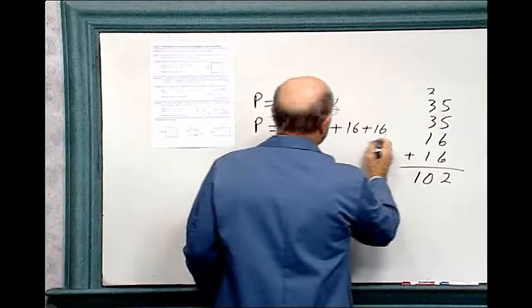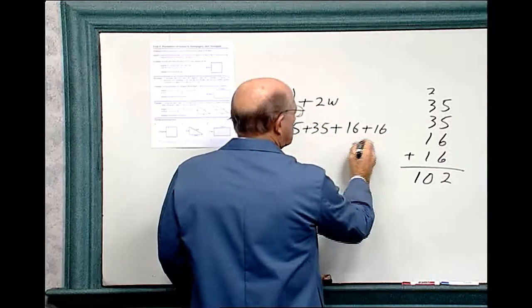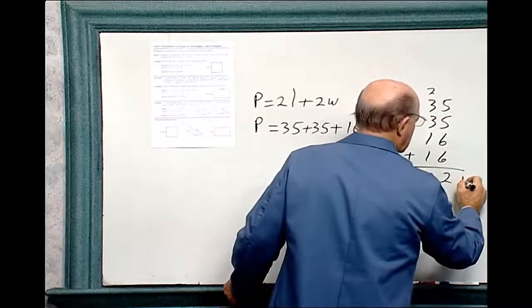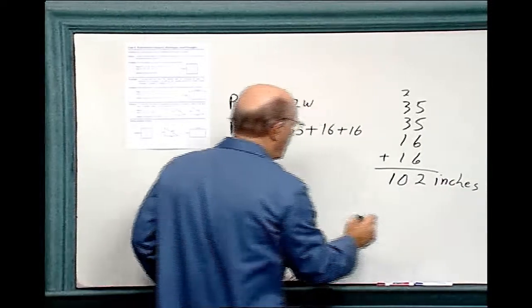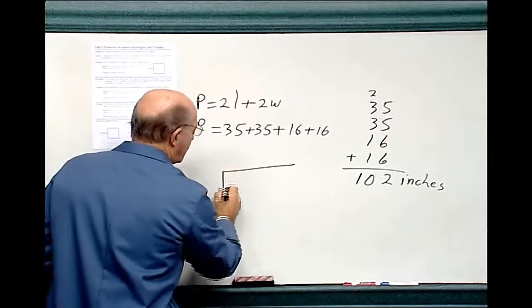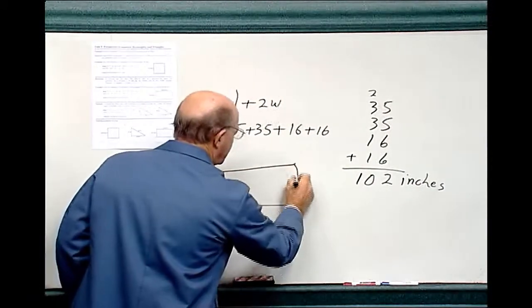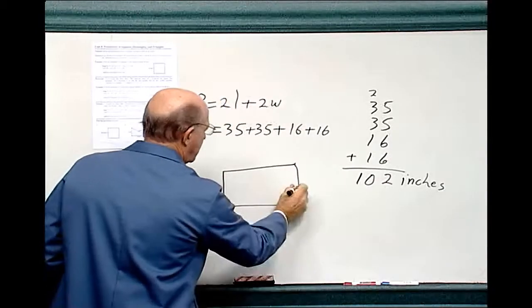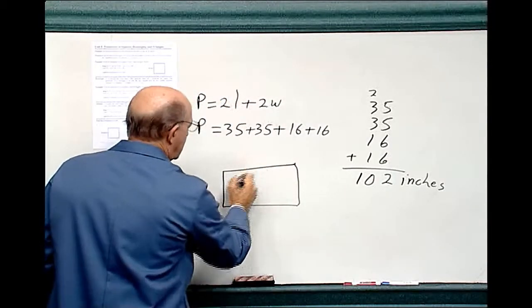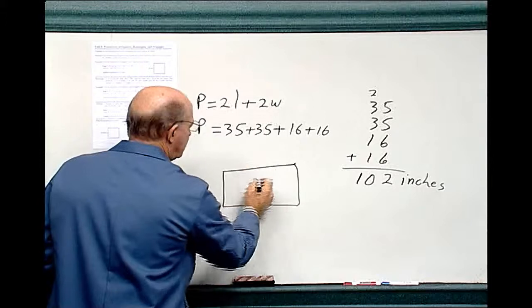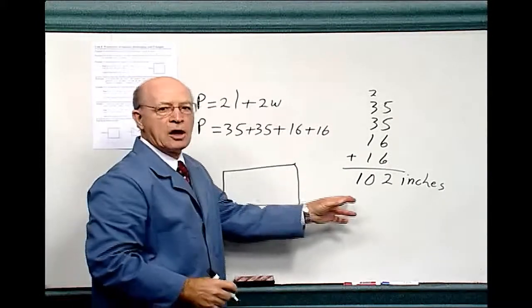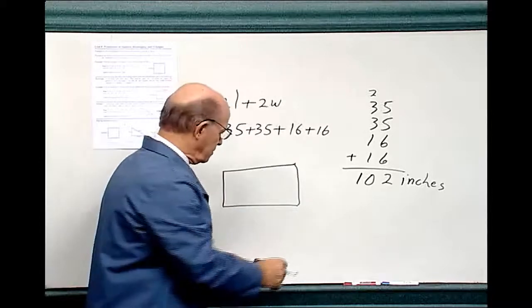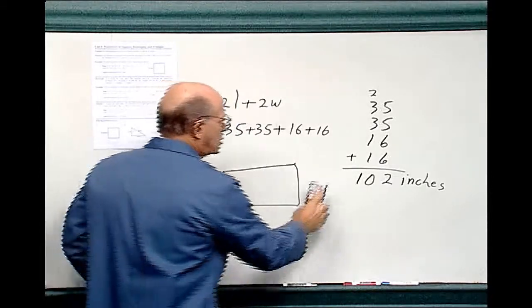And remember, that was 16 inches, 35 inches, and 16 inches, so the answer has to be in inches. So the perimeter around the rectangle, remember the opposite sides are equal, so the perimeter of this rectangle is 102 inches. Let's work on the next problem.